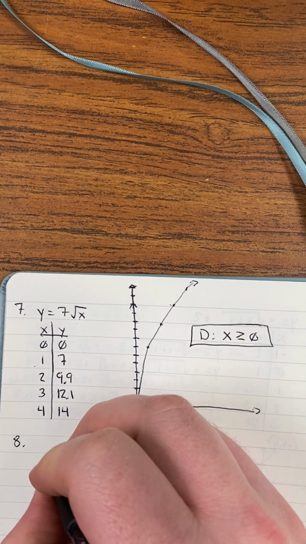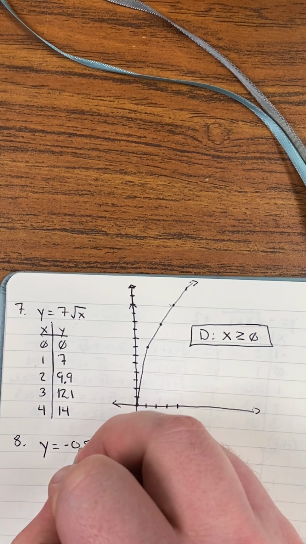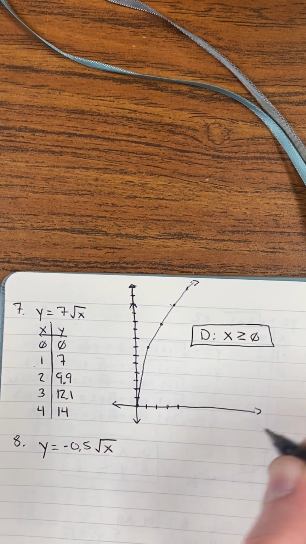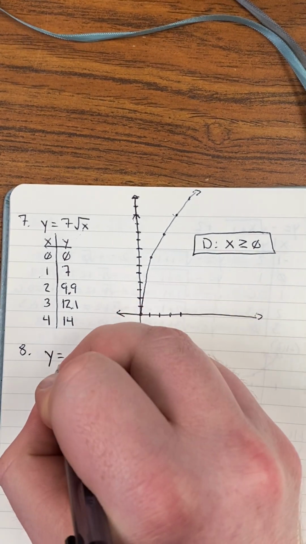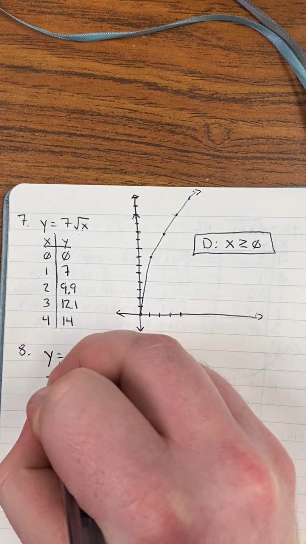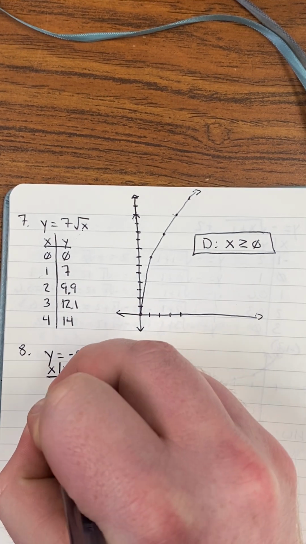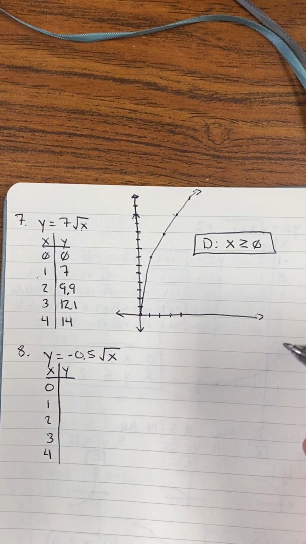Number 8. y equals negative 0.5 square root x. This is all going to kind of be the same type of problem over and over again. Really good to get practice so you fully understand this. 0, 1, 2, 3, 4.